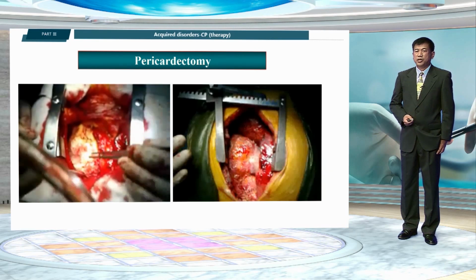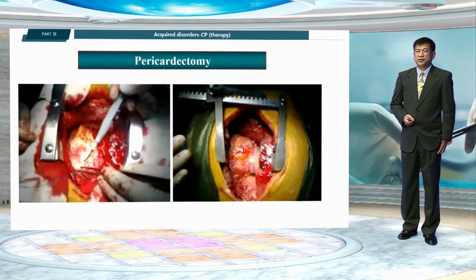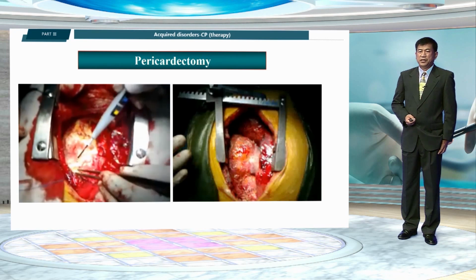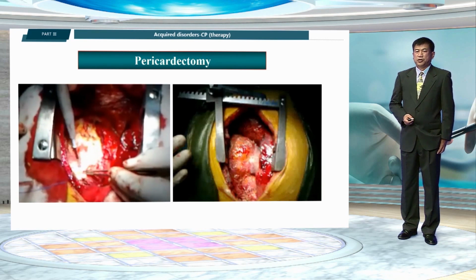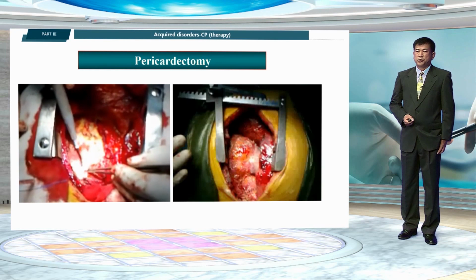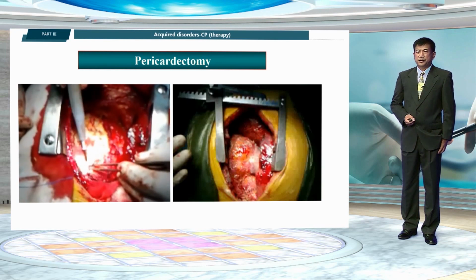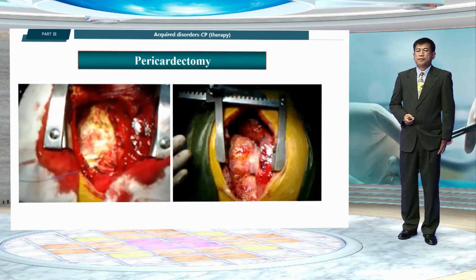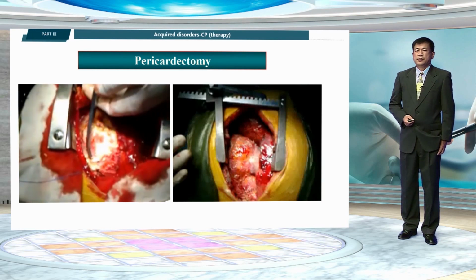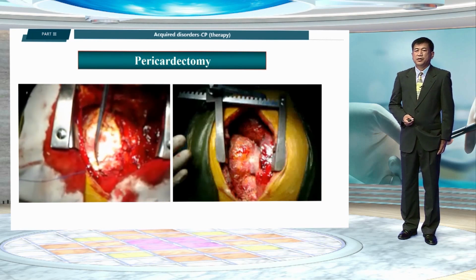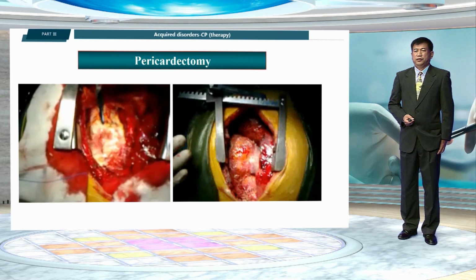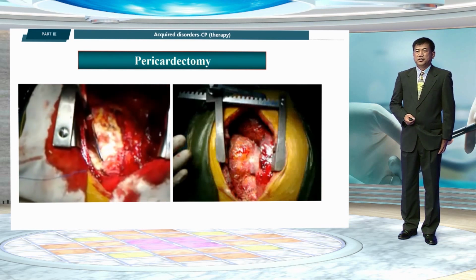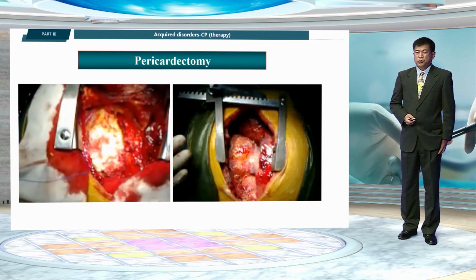So I have to use a longer forceps to bite the calcified pericardium piece by piece. The operation was very time-consuming. You see, at this time, the forceps and scissors do not work well.